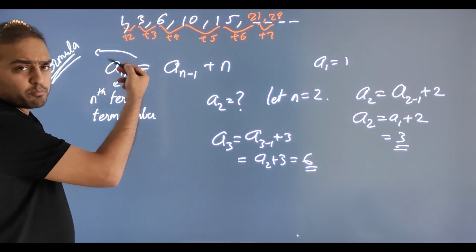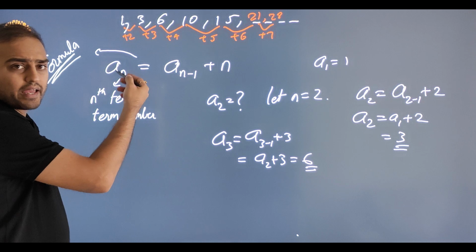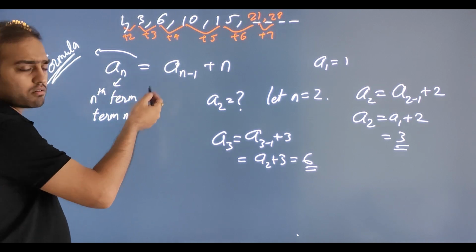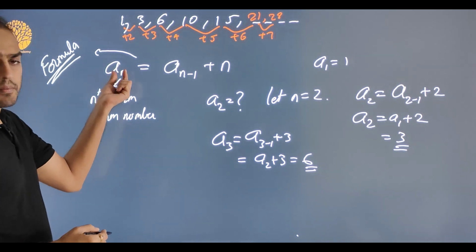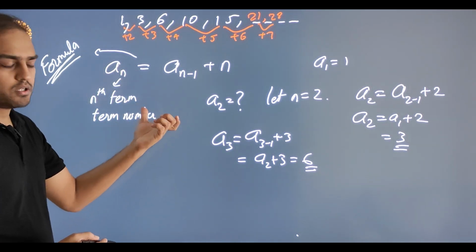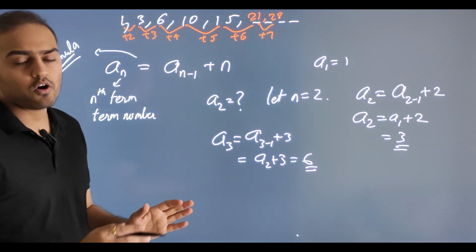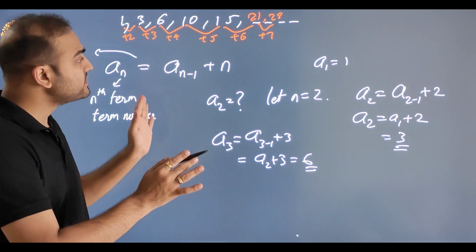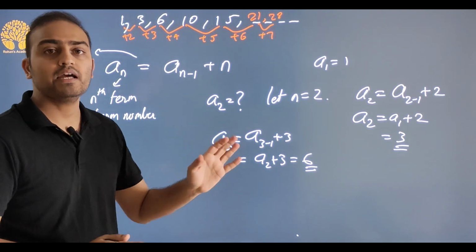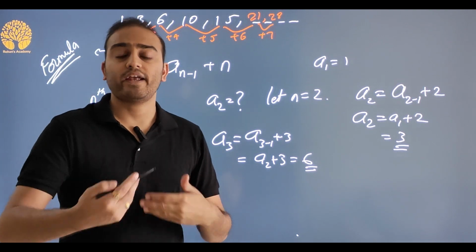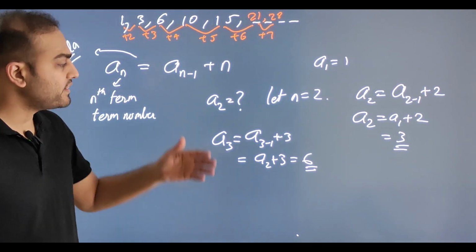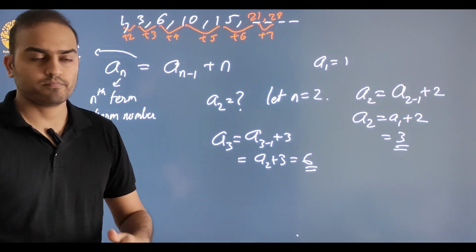In place of a, I can put t, f, g, h, whatever variable I want, or a character also if I want. This n is important. It tells you the term number. And the best way to solve any generic sequence is to plug in values. You plug in 2-3 values, try to identify the pattern, and then you can simply apply that pattern.